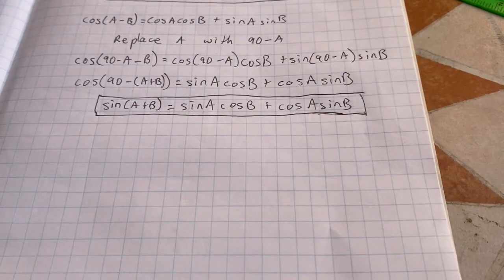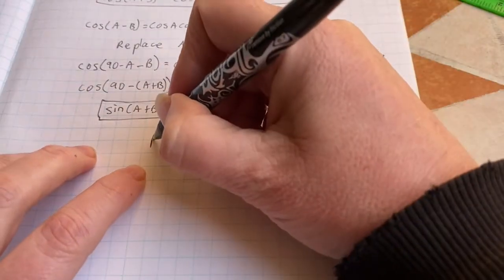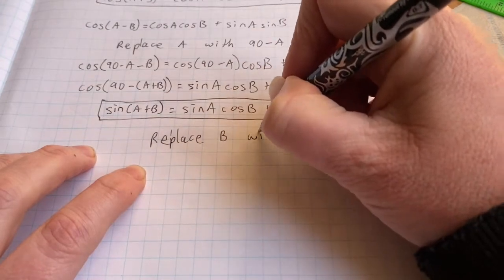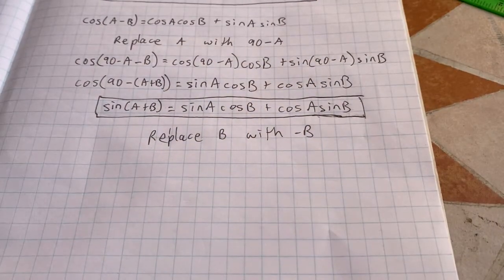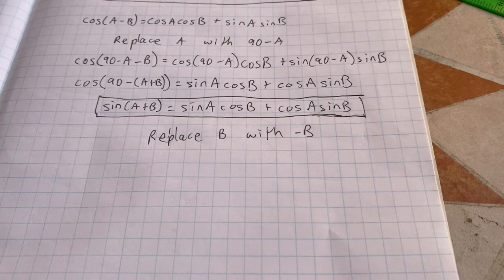Now in order to do the sine angle difference formula, I want to replace all my B's, replace B with negative B in that formula. Have a go at it yourself, pause the video, see if you can get the sine angle difference formula out.